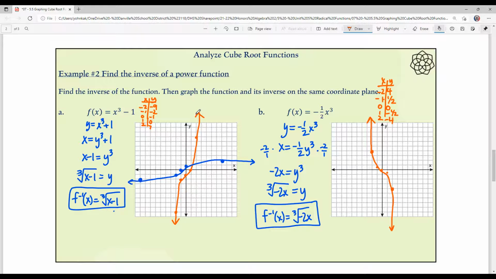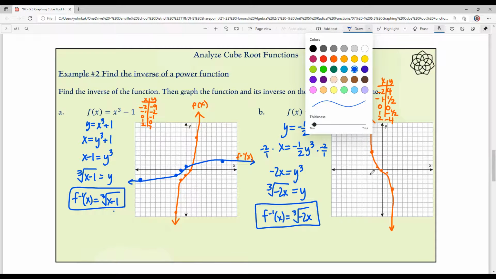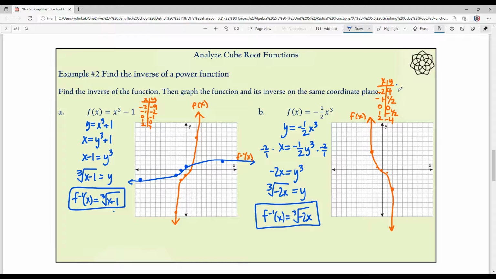Oh, you know what? I should probably be labeling these. This is f of x, and this is f inverse of x. This is f of x, and let's do the inverse. So again, if you want to do the inverse really easily, just swap the x's and y's.